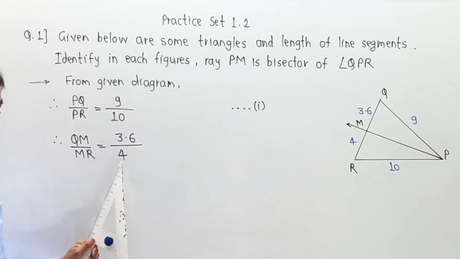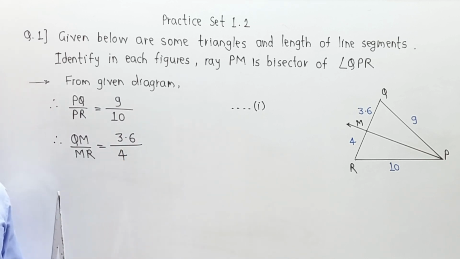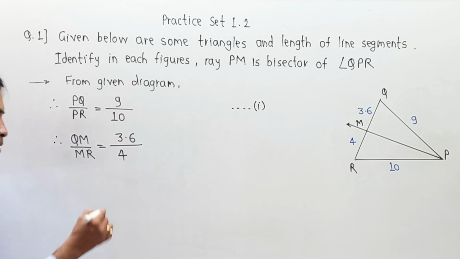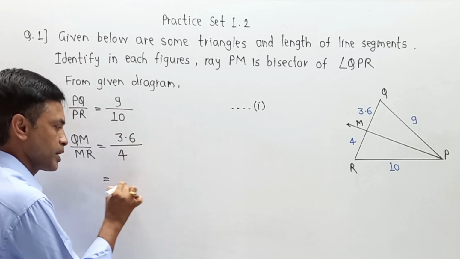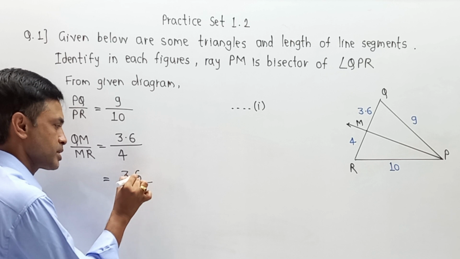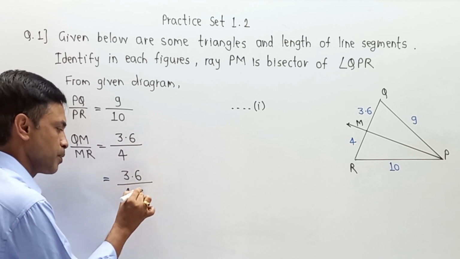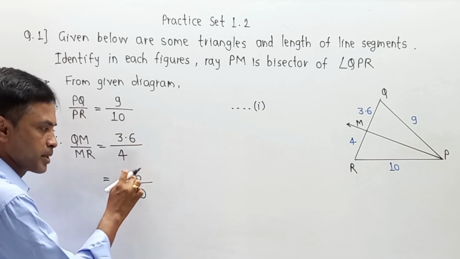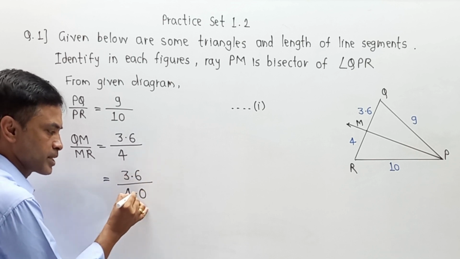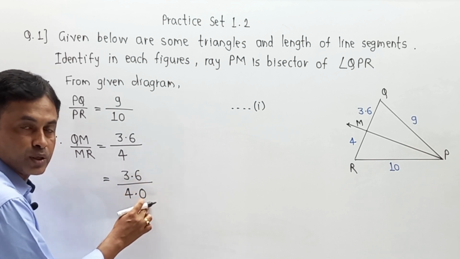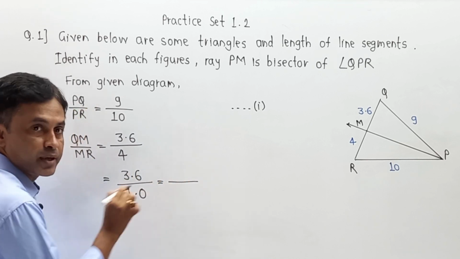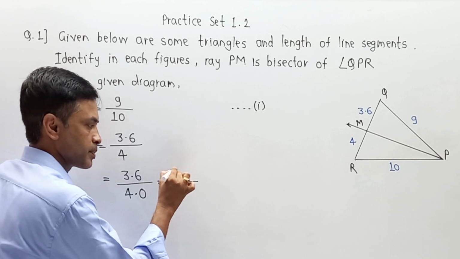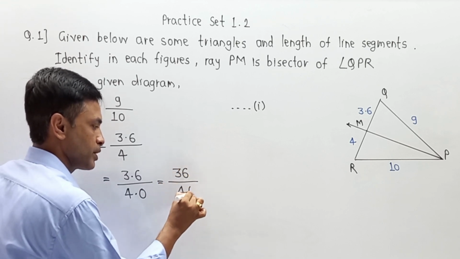Now the step of simplification and modification will be the most important part. One by one I am going to modify this step. First of all, this is 3.6 and it is 4. I am writing 3.6, and instead of 4 I am writing 4.0. Why? Because in the decimal there is a 6, but after the decimal there is no number, so I wrote 0. Next, shifting one decimal from the numerator and one from the denominator, it becomes 36 upon 40.